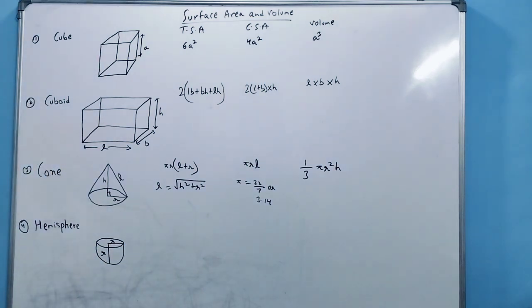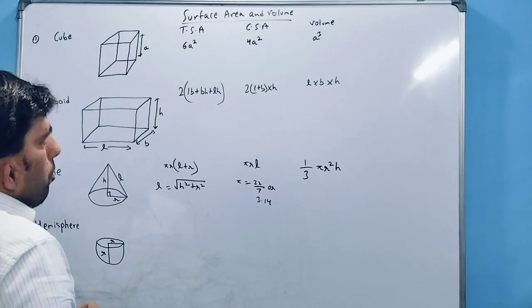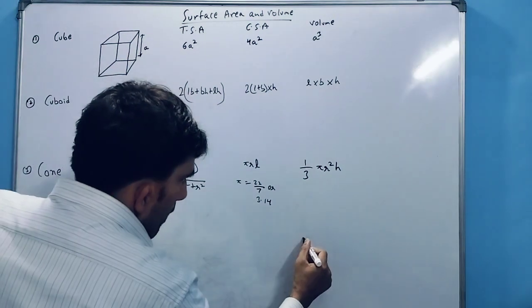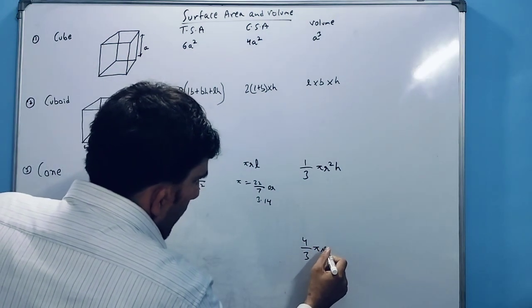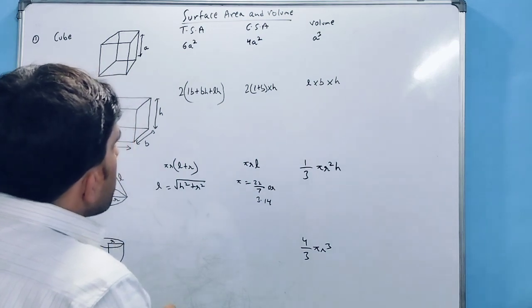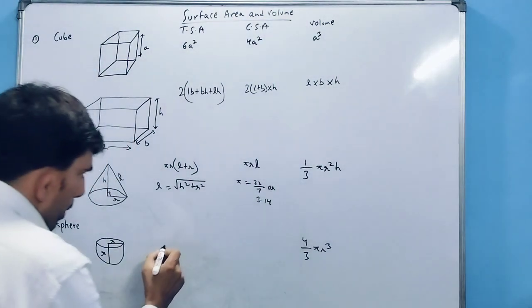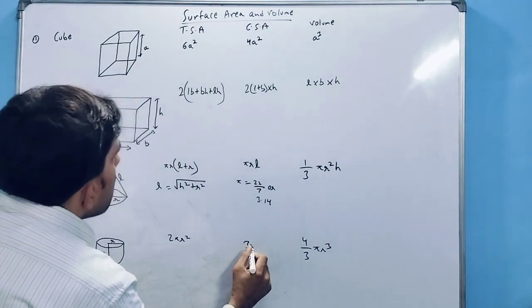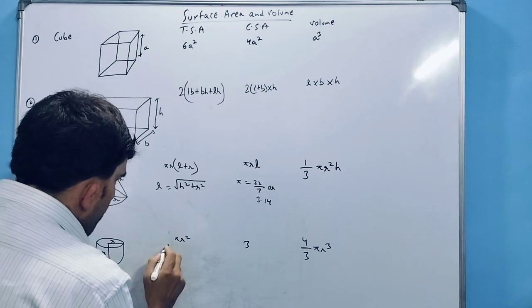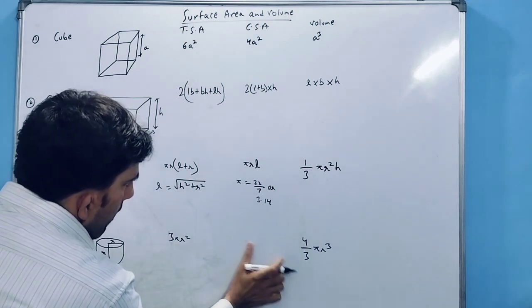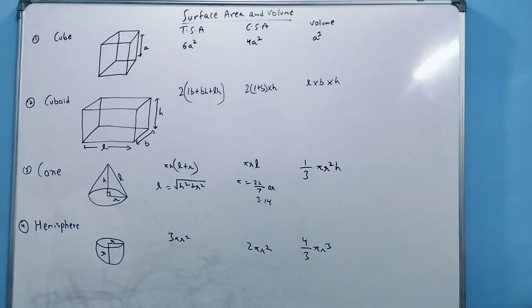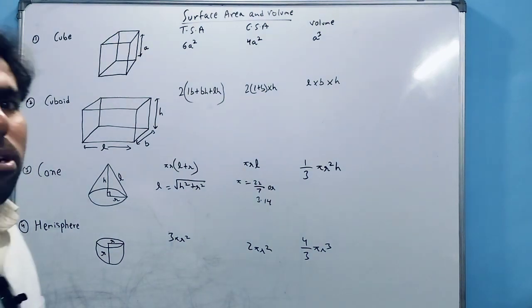Now its volume will be 2/3 pi r cube, and its TSA will be 3 pi r square, and its CSA will be 2 pi r square. Like this we can calculate the formulas for this.